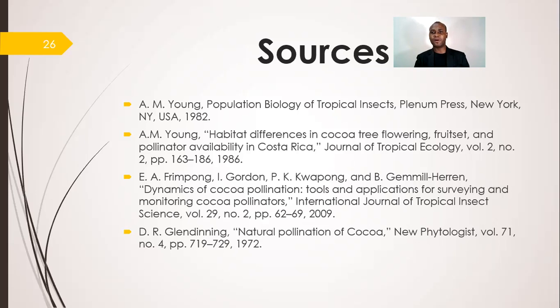Usually pollination should be done in the morning, before 9 o'clock in the morning. That is the right time to do pollination on the farm. In the afternoon, I'm going to discuss this in more detail.